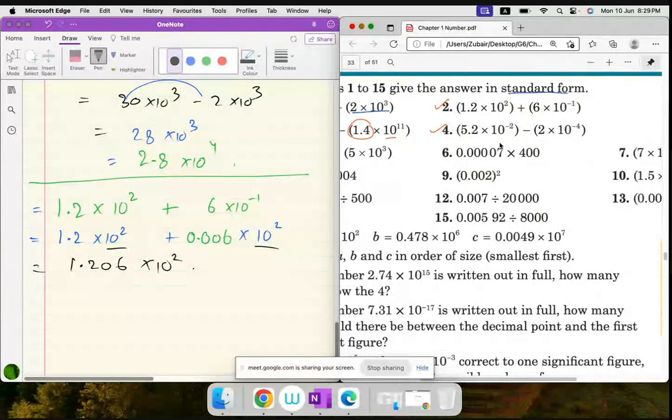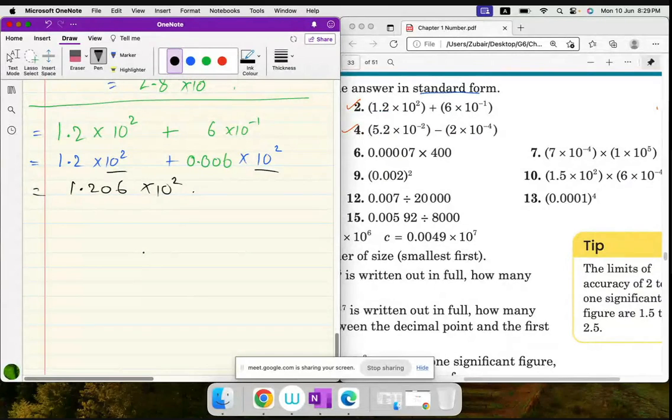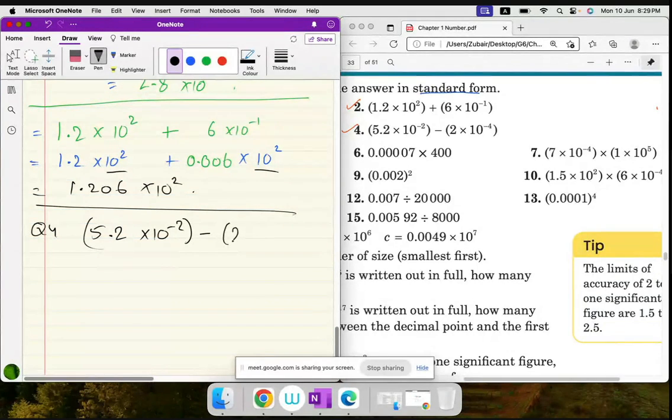Try number 4. 5.18 times 10 to the power minus 2. 5.2 multiply 10 power minus 2.